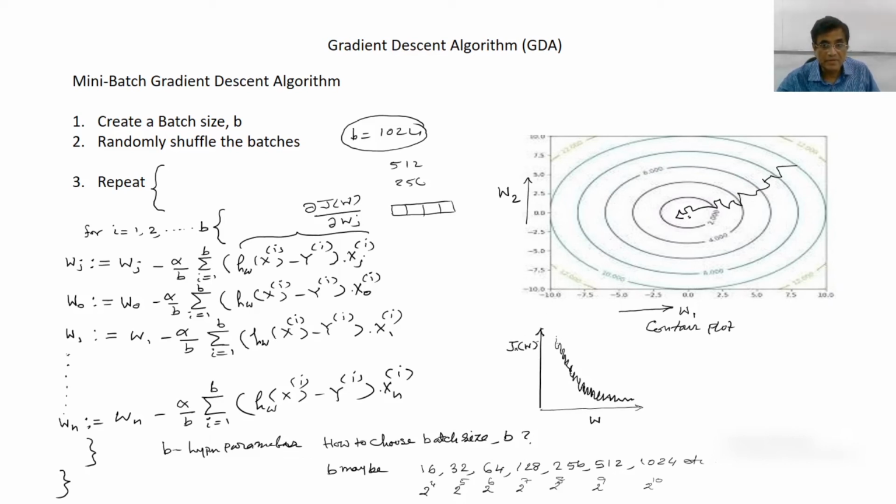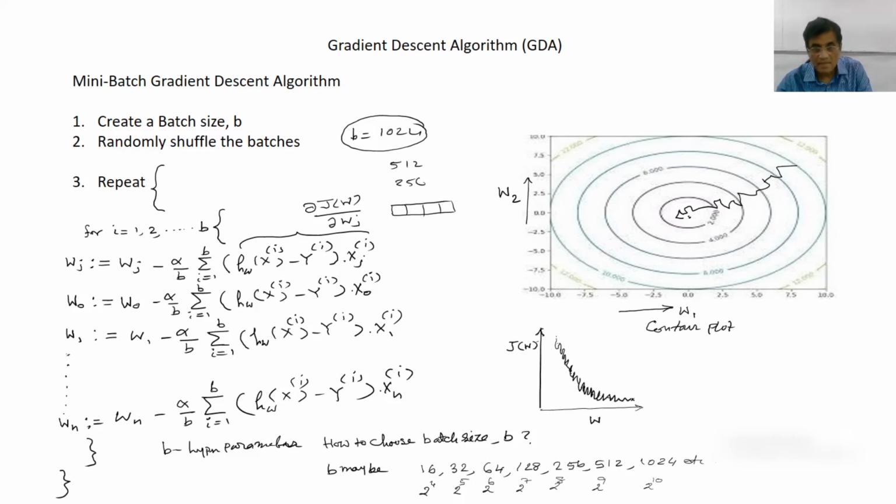And if I draw the cost function characteristic while iteration is going on, then as W converges, there will be some oscillation, but the oscillation is bounded, and there is a good pattern that although it is oscillating, it is decreasing.